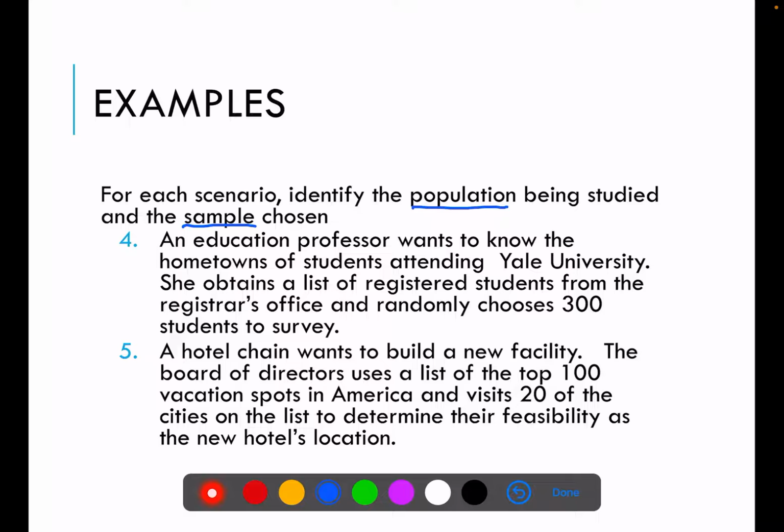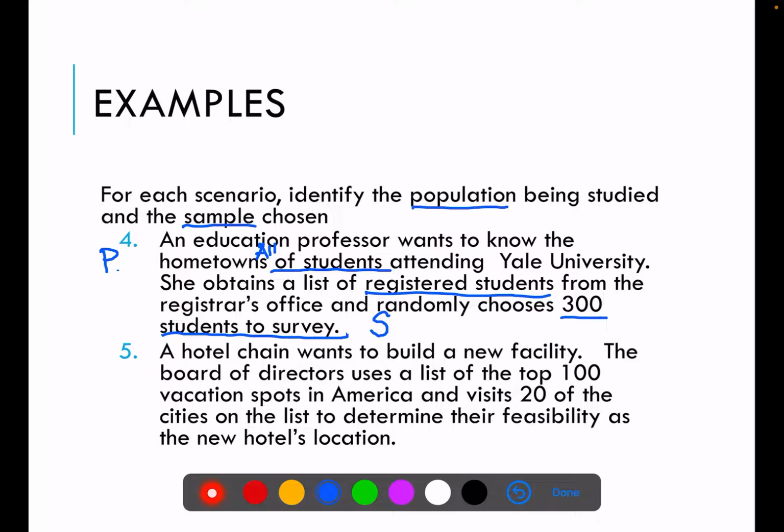The professor wants to know the hometown of students. In this case, it's all the students that are registered. So that is the population. On the other hand, the 300 students surveyed is a sample. So we're interested in all the registered students in the population, and we survey 300 students in a sample.